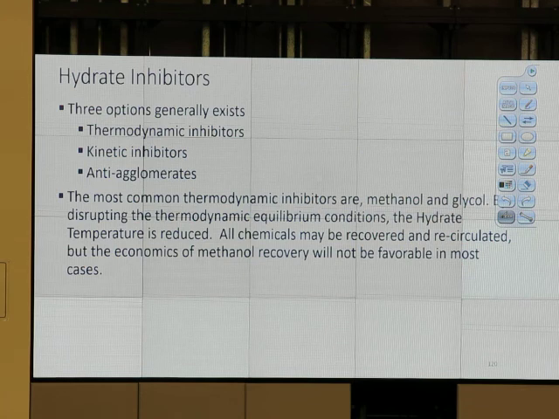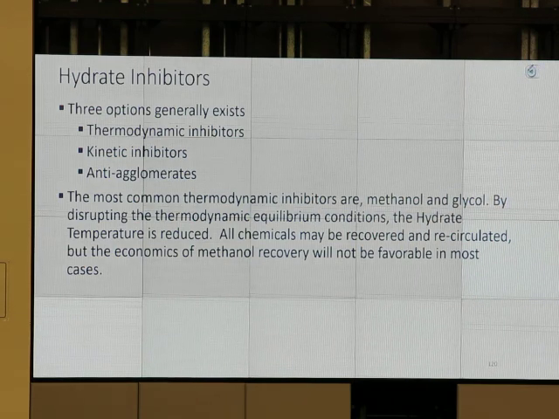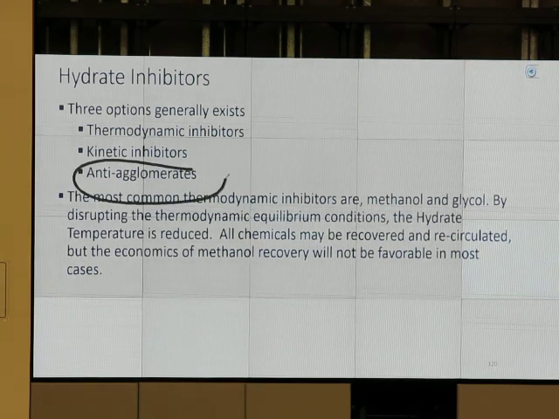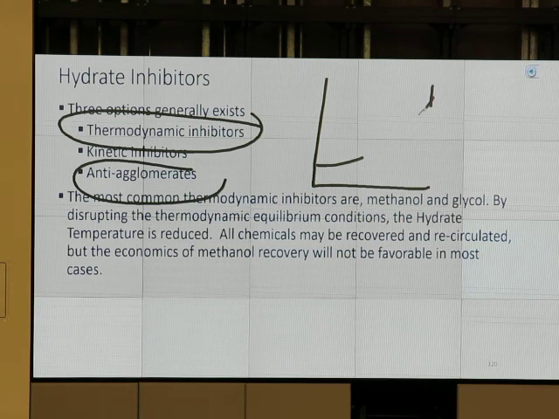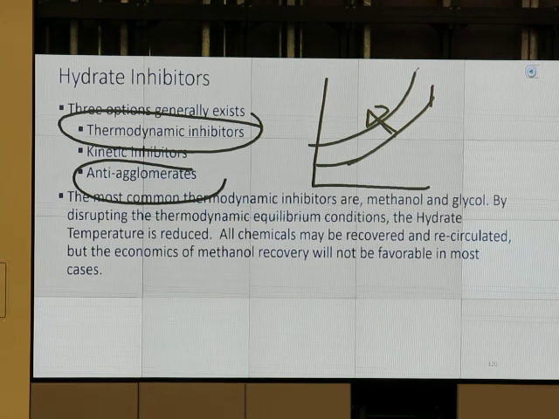Good? Okay, three types of hydrate inhibitor. We have thermodynamic inhibitor, kinetic inhibitor, anti-agglomerate. Anti-agglomerate means it may form, but it doesn't get together. Okay? Thermodynamic inhibitor means it moves the phase envelope. So this means it may shift this line to be another line.